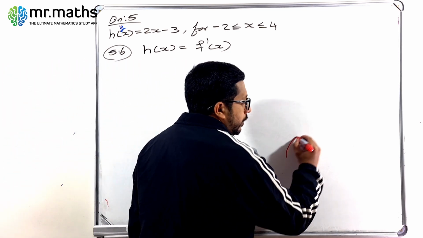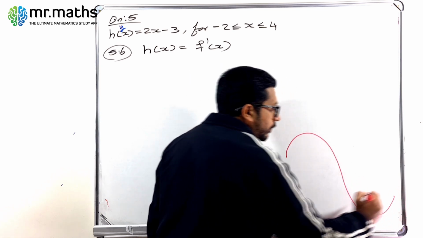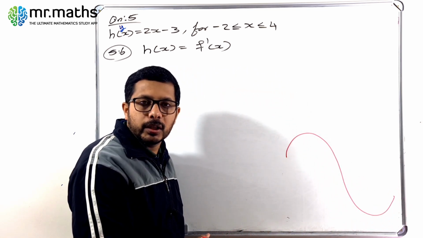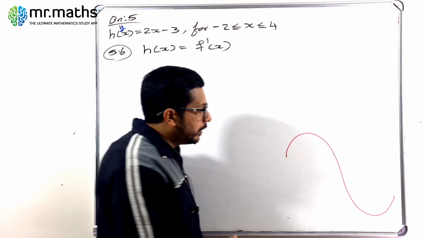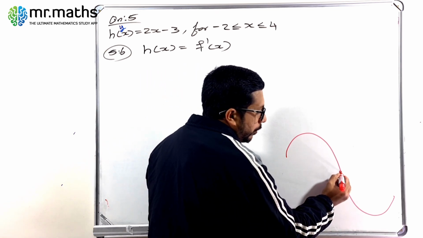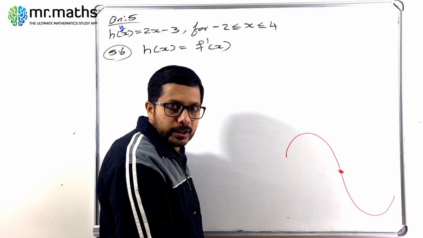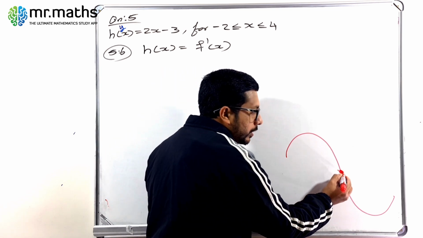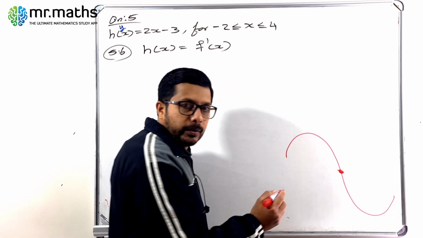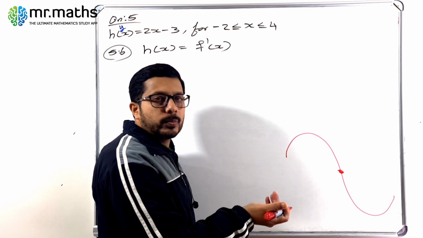Do you remember this? What is this equation? This is a cubic graph, am I right? Okay, and in this cubic graph, what is the name of this point? That's a point of inflection. Do you remember that one? This point is the point of inflection. Okay, so here I'm not going to explain much more on that one.